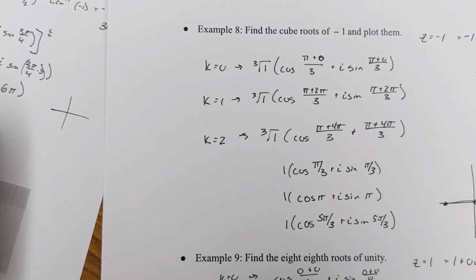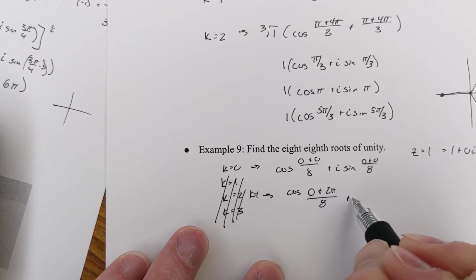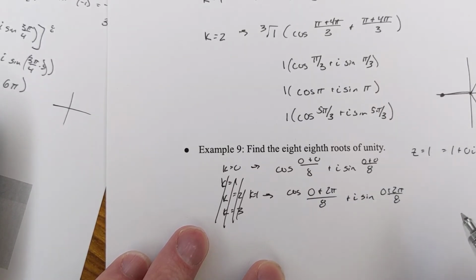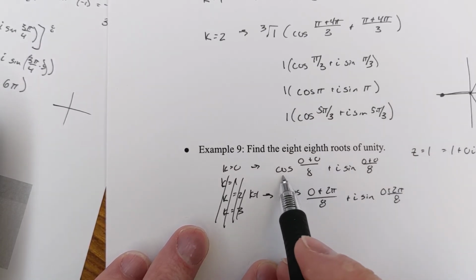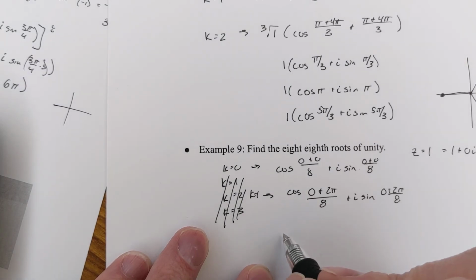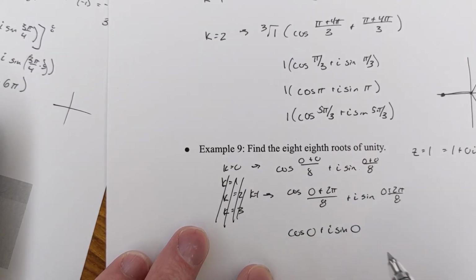When k is 1, cosine 0 plus 2 pi over 8 plus I sine 0 plus 2 pi over 8. So this one is cosine 0 plus I sine 0. That's what this one simplifies as.